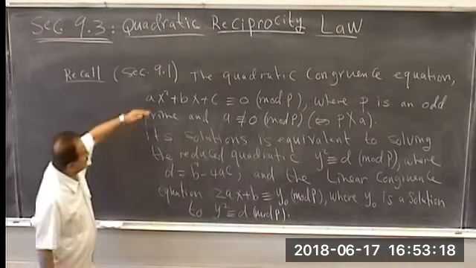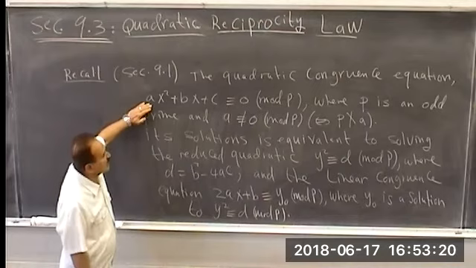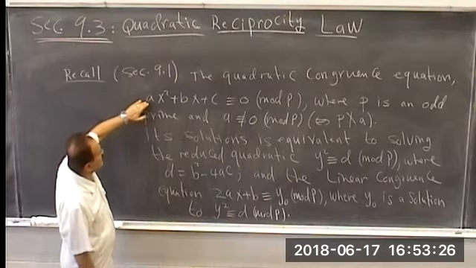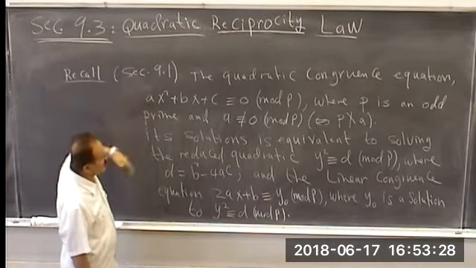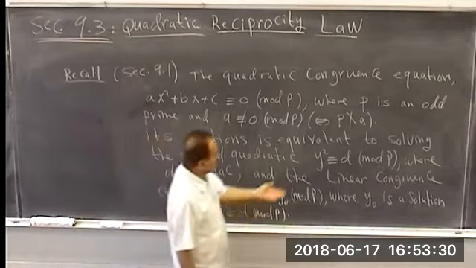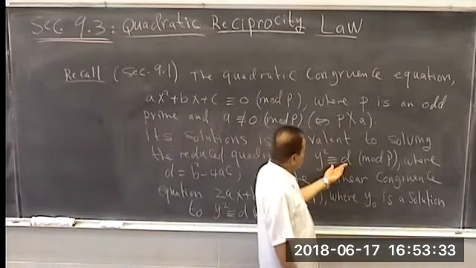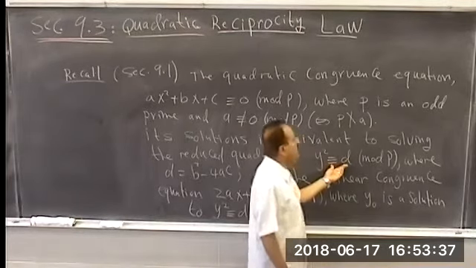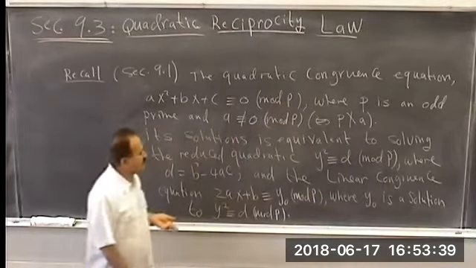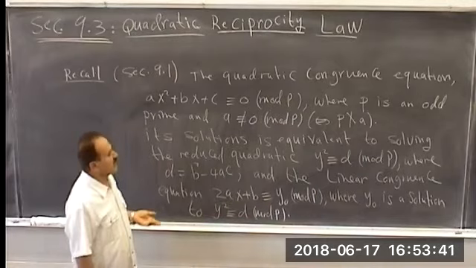So given a quadratic equation in its general form, or if it is not, you can transform it into this form. And the solution is totally determined by solving the reduced quadratic. Of course, if the reduced quadratic does not have a solution, the original quadratic congruence equation does not have a solution.